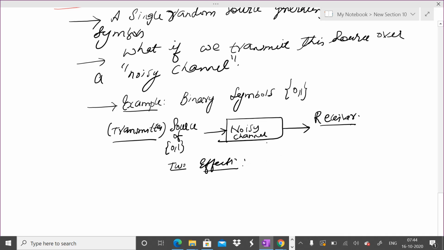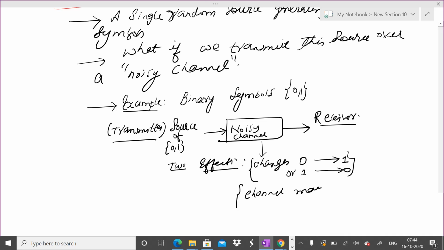One is very simple: the channel changes 0 to 1 or 1 to 0. The other thing is that the channel may erase the bit, so at the receiver you will see nothing. The channel is such a bad channel that it erases the bit.